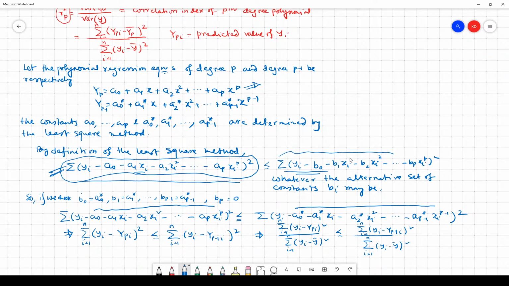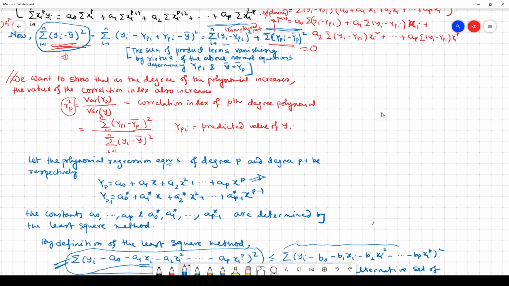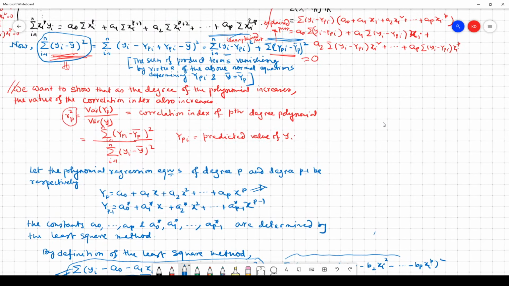Now I consider this part. I already proved this thing. We break the total variation into two parts, the unexplained part and the explained part.